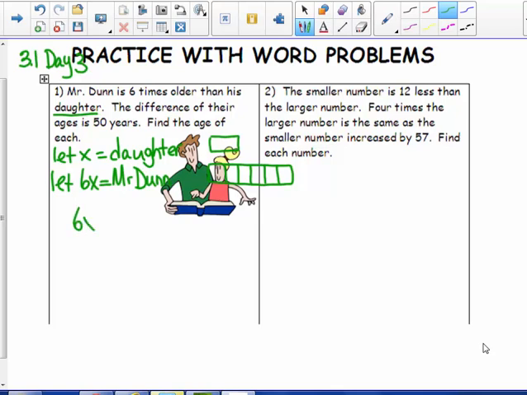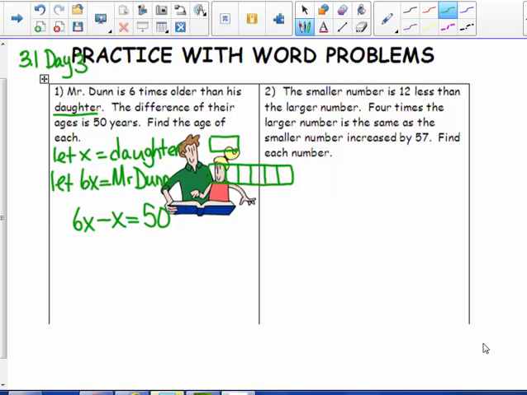So Mr. Dunn, the larger number comes first when you do difference, minus the daughter equals 50 years. I'm not sure this is an actual true statement. So the difference in their ages is 50 years. Find the age of each.